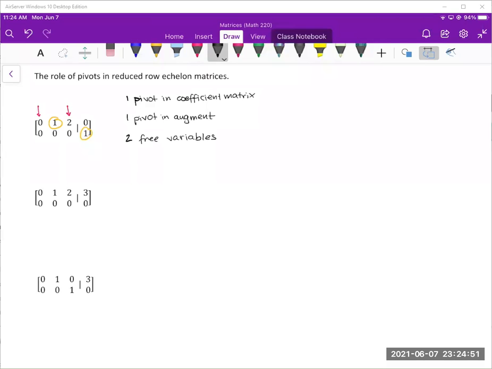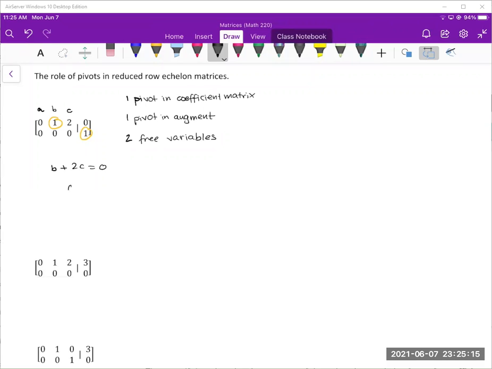Okay, and if we try and write down a solution, let's call our unknowns A, B, and C. What we get is that B plus 2C is 0, and then 0A plus 0B plus 0C, which is just 0, is equal to 1.